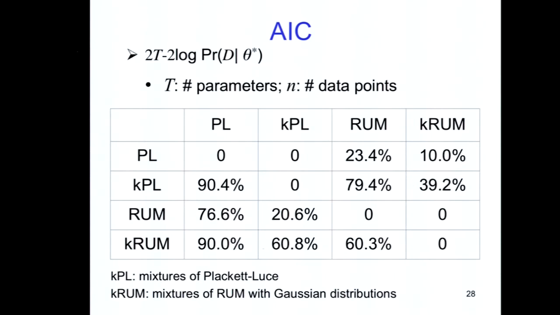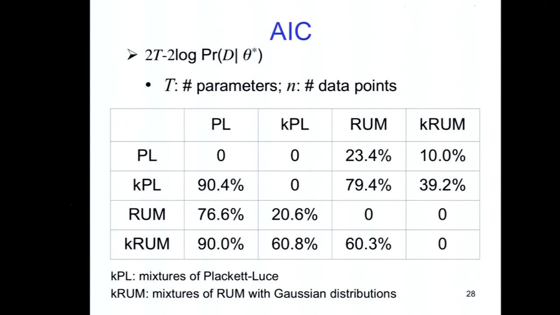We are running on 209 data sets, and this comparison is statistically significant. I'm not showing everything, but you can see that this is kind of symmetric. RUM versus Plackett-Luce: for 76.6% of the time, RUM is better than Plackett-Luce on the data sets according to AIC.